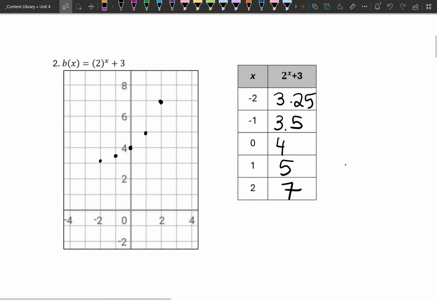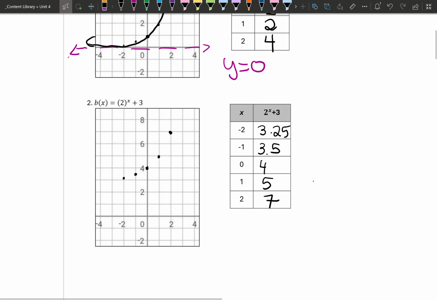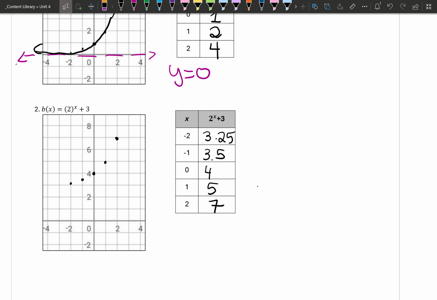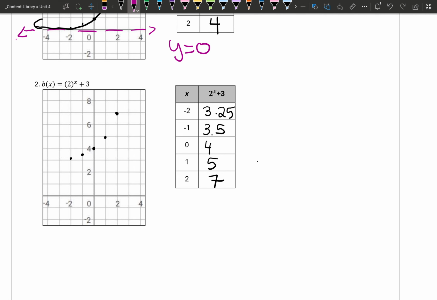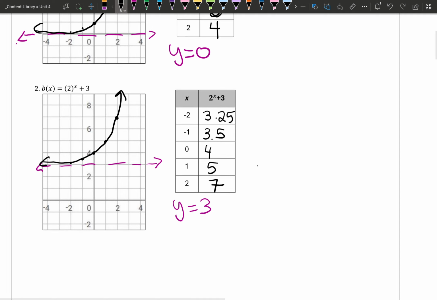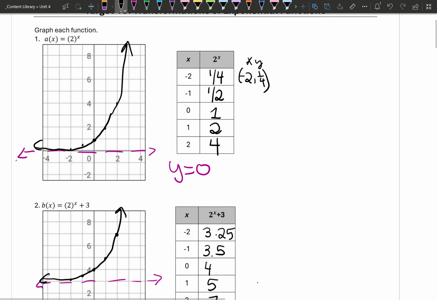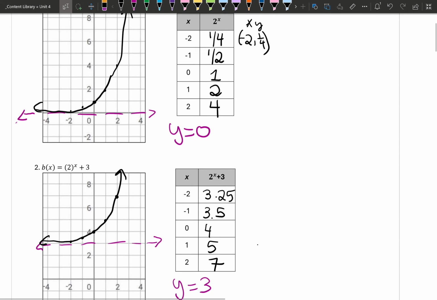So if we went up 3 spots, because we went up 3 plus 3, then our asymptote y equals 0 also changes, and it goes up 3 to y equals 3. And here you can kind of see that flattening will happen higher up right there. Beautiful. So adding 3 on the outside of our function moved it up 3 spots.